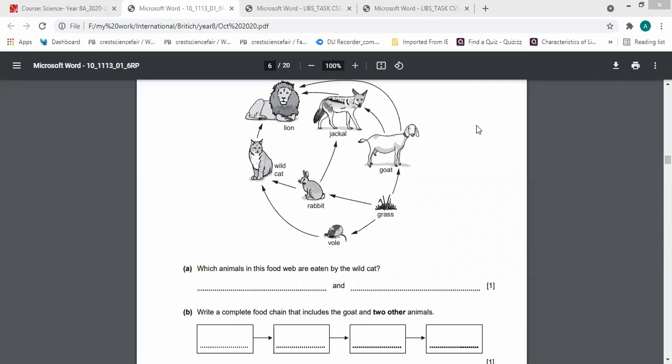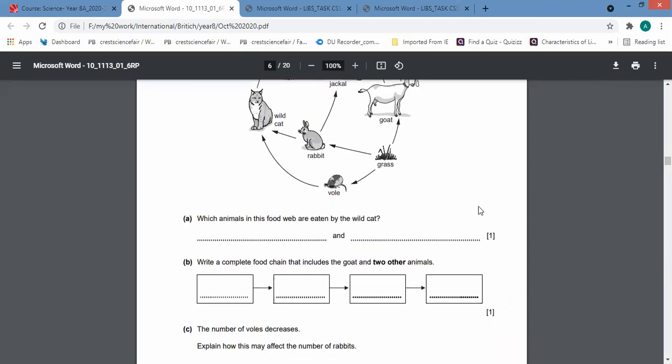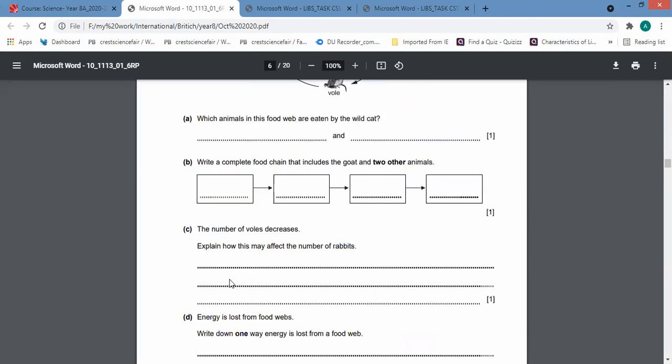If you say the number stays the same, you must explain because more are eaten by the wild cat and more are produced as a result of the increased food source. So the number is still constant. You got it? If you want me to repeat, no problem.